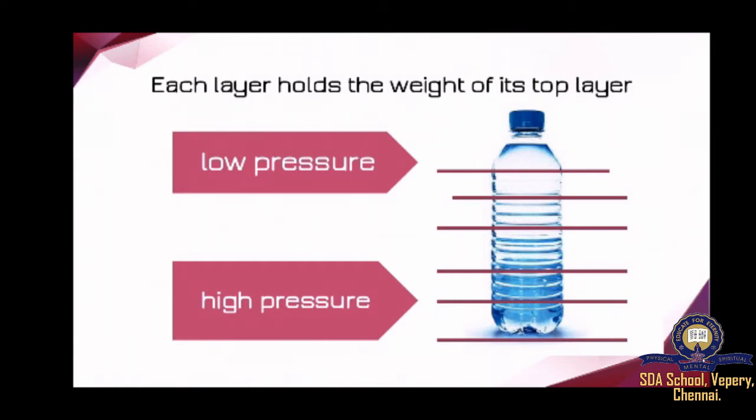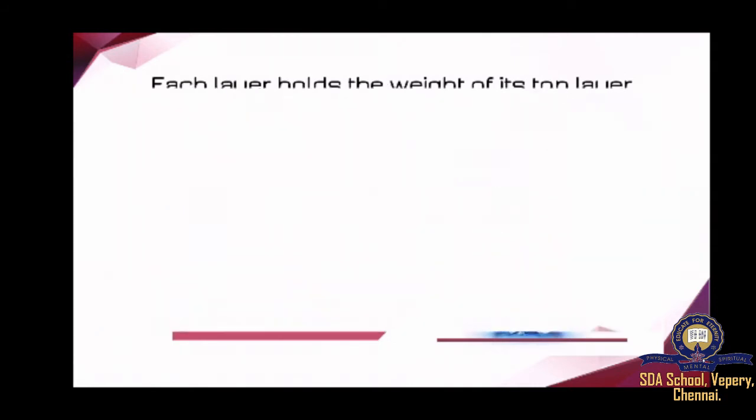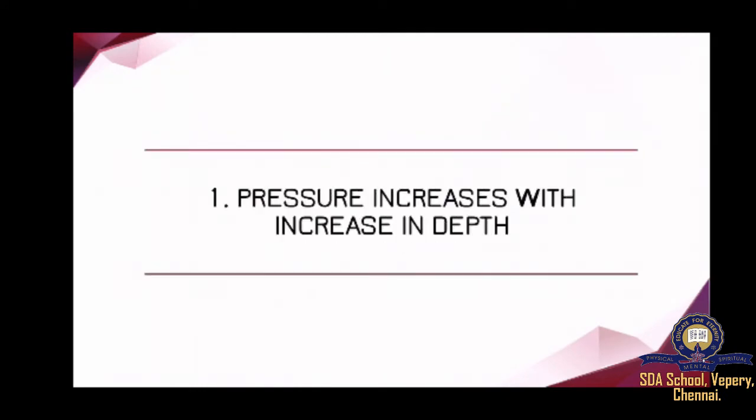That's why we say there is high pressure at the bottom of the liquid and low pressure at the top of the liquid. So the first characteristic is: pressure increases with increase in depth. We have seen the reason for that, right?